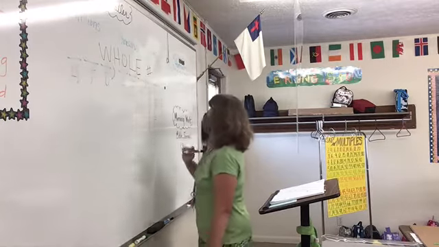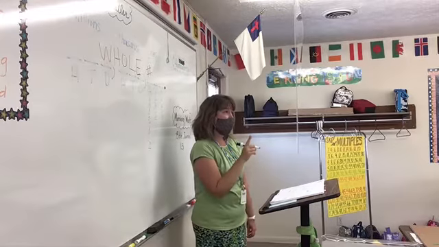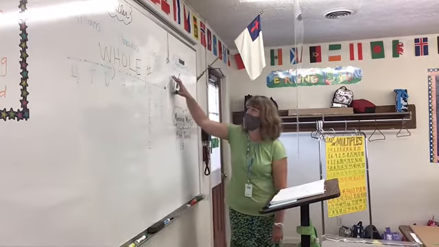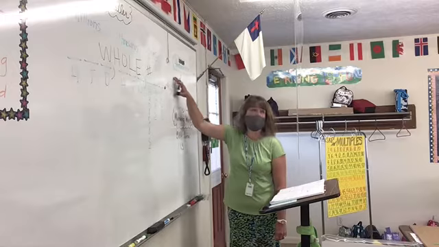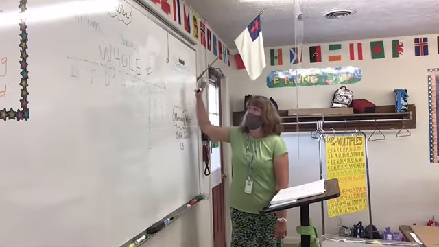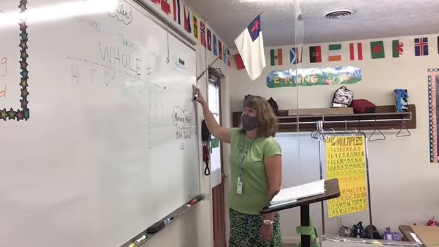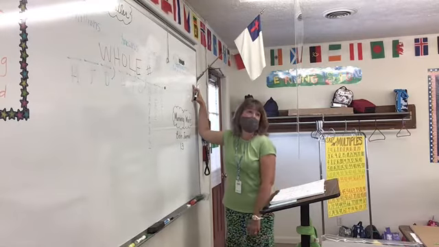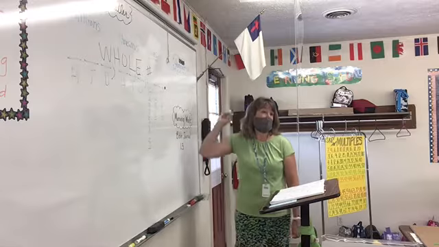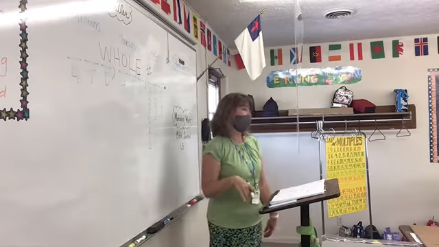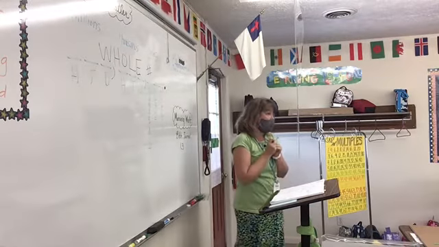Okay, now what we're going to learn today is, what's on this side of the decimal point? I'm going to tell you. Everything on this side of the decimal point is not a whole number. It's a fraction of a number. So a fraction is just a part of it.